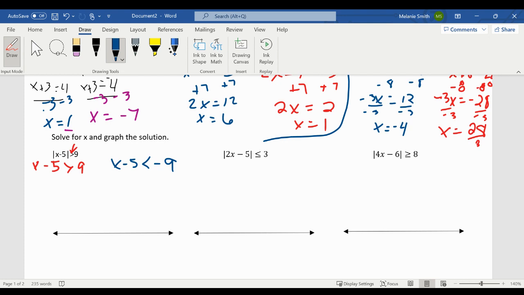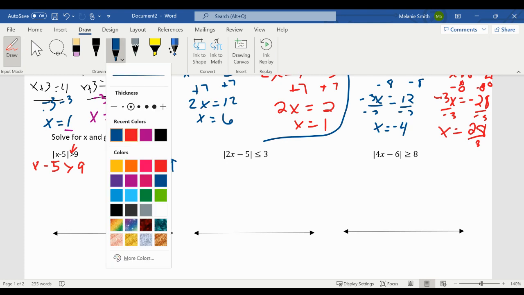Because if I want my absolute value to be greater than 9, I want it to be numbers like 10, 11, 12. But in order to get that with a negative number, I need negative 10, negative 11, negative 12. So I want the numbers that are smaller than negative 9, because as we get smaller, the digits get bigger. So whenever we do the negative version, we just flip the sign around.